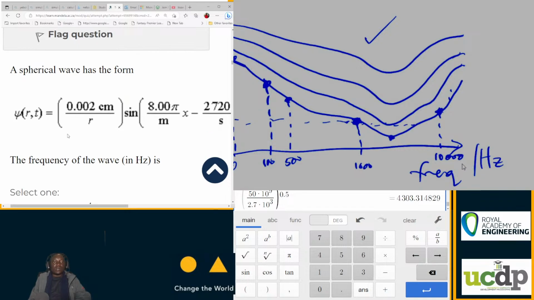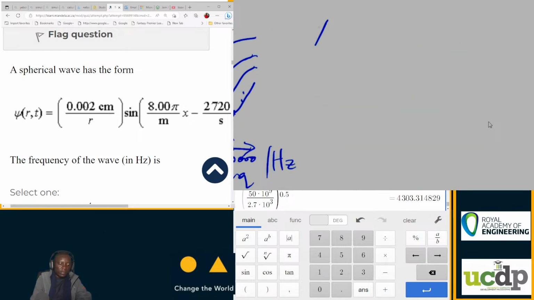But also defined by a sine function. Now, to find the frequency, it is in one of these terms. This is amplitude. So already I know the maximum displacement of this waveform is 0.002 centimeters. So I can simply write amplitude equals 0.002 centimeters.